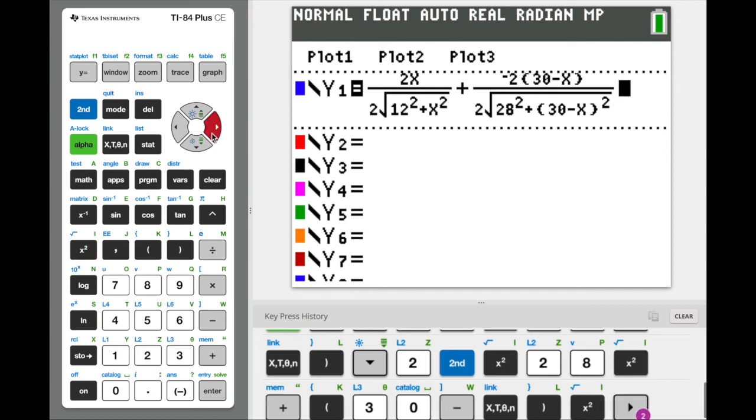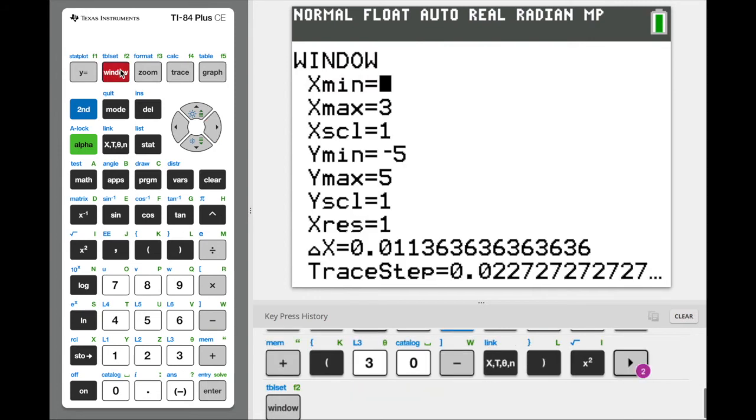All right, so we have this equation here for the derivative function. Before I jump right into just the graph, I'm going to take a look at the window for this. If we're looking at x values, we know that these towers are 30 feet apart.